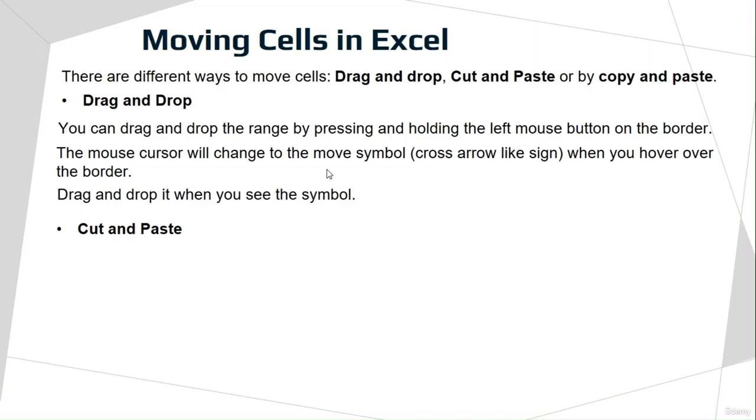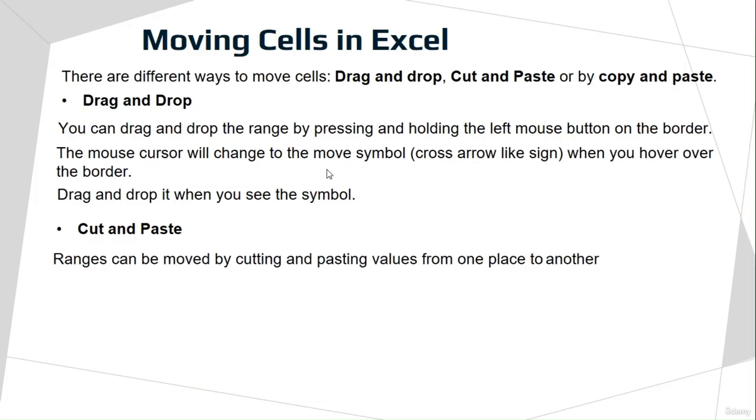Let's look at cut and paste. Ranges can be moved by cutting and pasting values from one place to another. The shortcut to cut is Ctrl X, and the shortcut to paste is Ctrl V. These are keyboard shortcuts, and they make work easier for you.